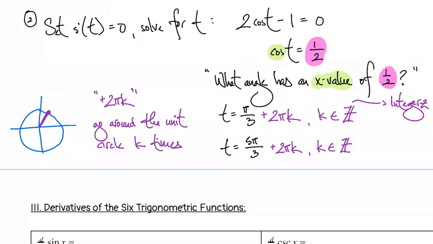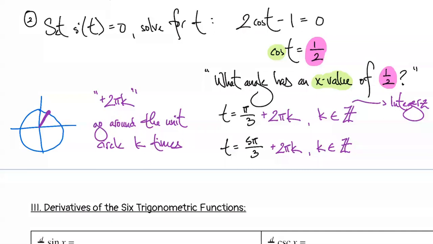But what if I want to go around the unit circle like 4 times? Well, 1, 2, 3, 4, and then I stop. K would be 4 because I've gone around it 4 times and then I'm going to that pi over 3. Yeah?